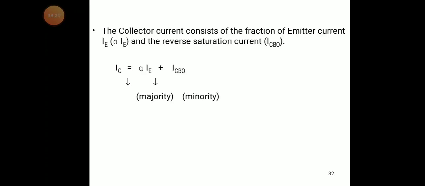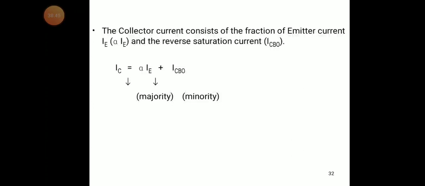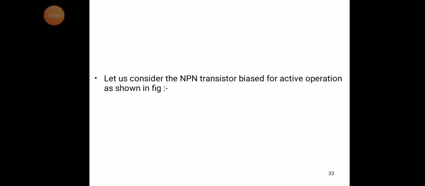The collector current consists of a fraction of the emitter current IE and the reverse saturation current, that is, the collector current IC equals alpha IE plus ICBO.